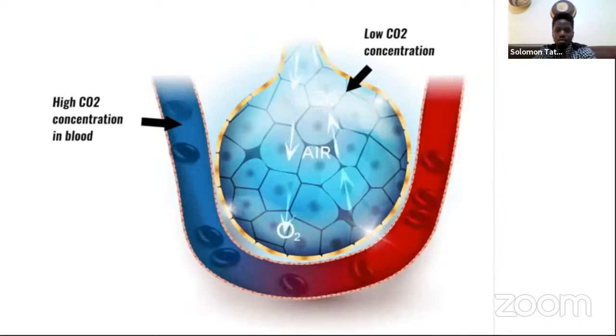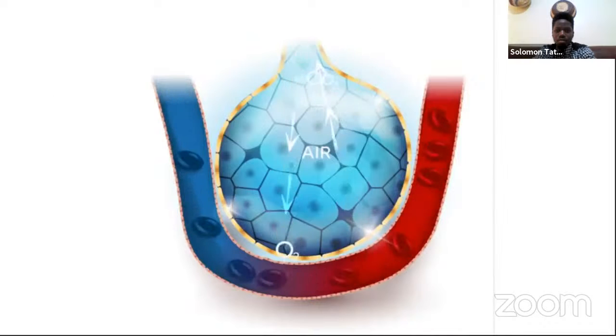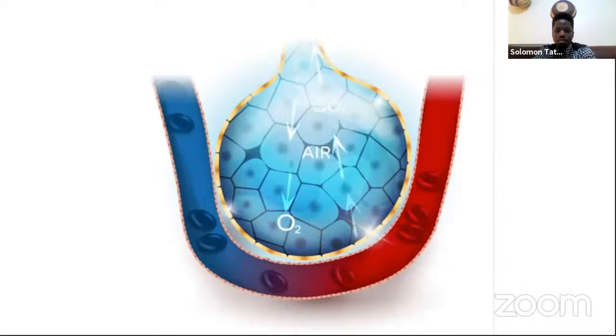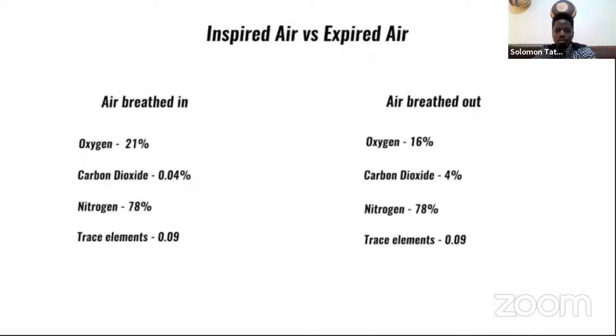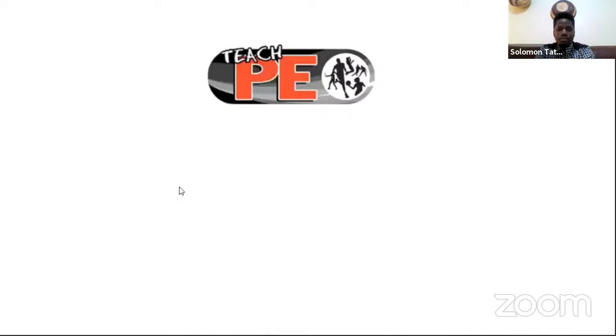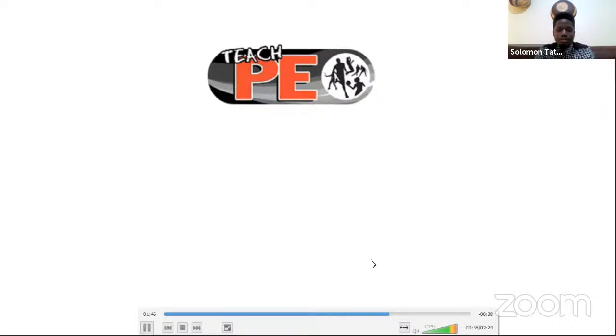Therefore, CO2 diffuses the other way, from the capillaries into the alveoli, where it can then be exhaled or breathed out. We can see the results of gaseous exchange from comparing air we breathe in with the air we breathe out. For more information or to test yourself with our interactive quizzes, visit teachpe.com.